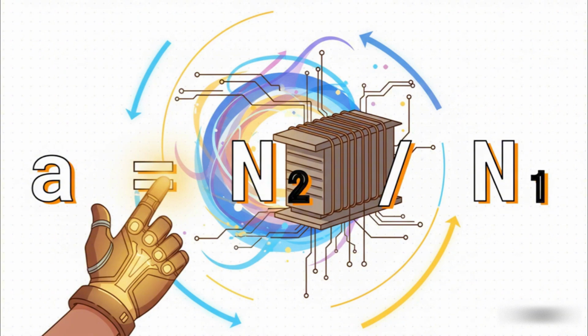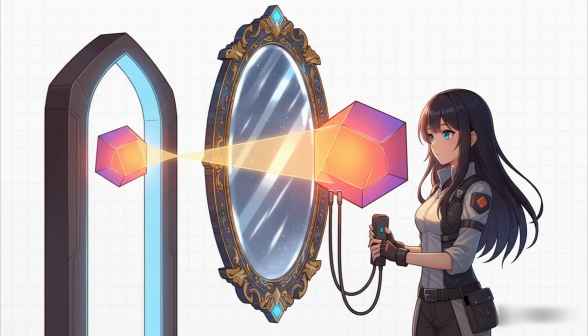And there it is. The turns ratio, which we call A, is just the number of wire turns on the output coil divided by the number of turns on the input coil. That's it. This one number is the key to everything. So, one of a transformer's main jobs is to make the impedance of whatever is connected on one side look totally different to the circuit on the other side.